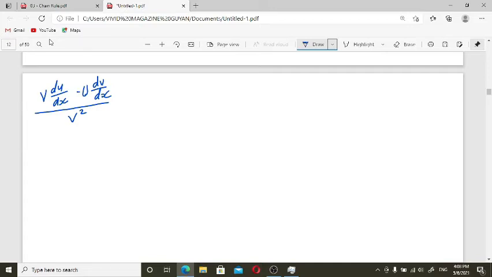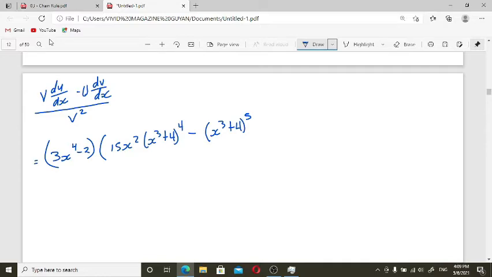So v is 3x to the fourth minus 2, multiplied by du dx, which is 15x squared times x cubed plus 4 raised to the fourth, minus my u, which is x cubed plus 4 raised to the fifth, multiplied by dv dx, which is 12x cubed.